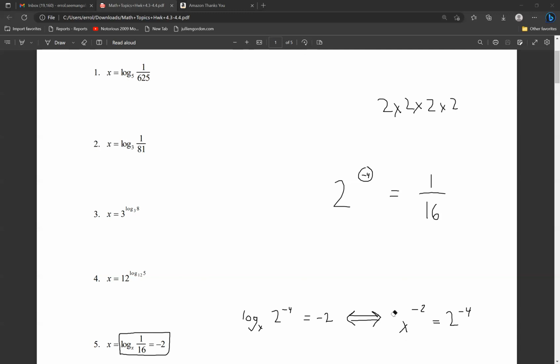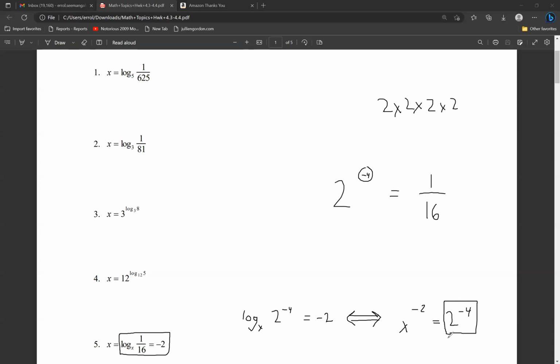Okay, so how can we rewrite this part? Let me think about that. x equals log base x of 1 over 16 equals negative 2. So x equals negative 2.